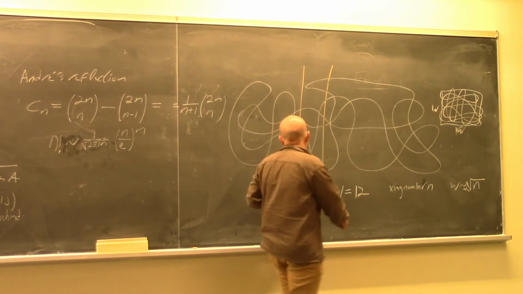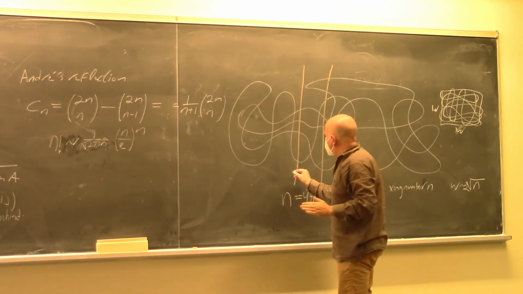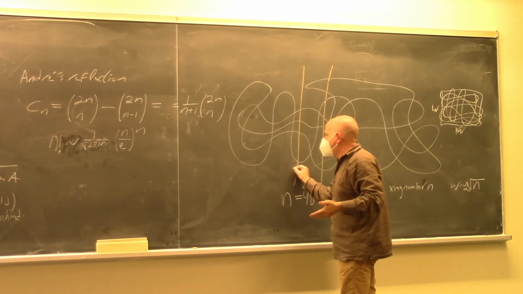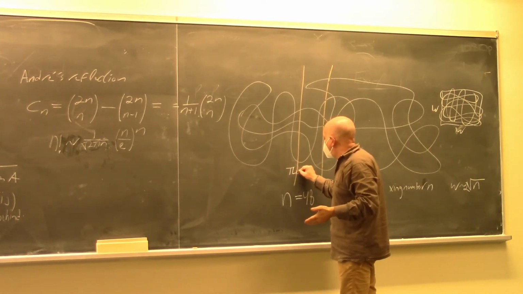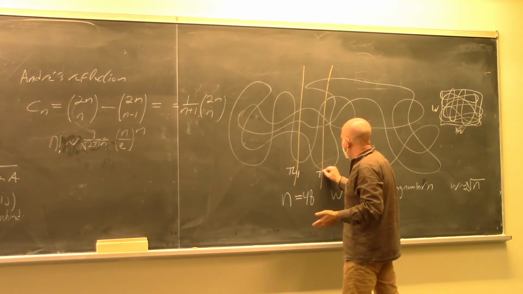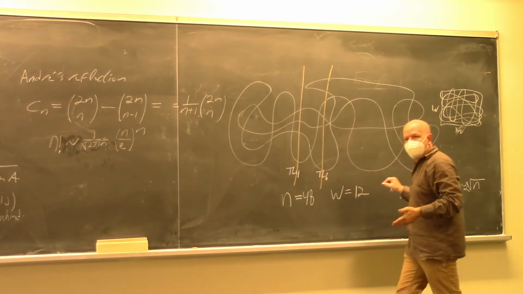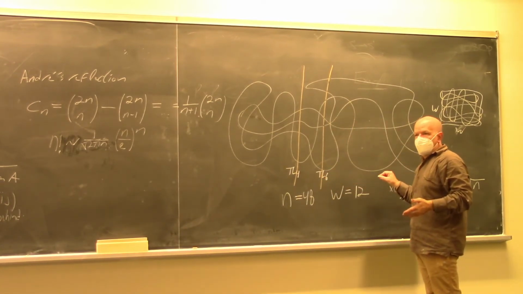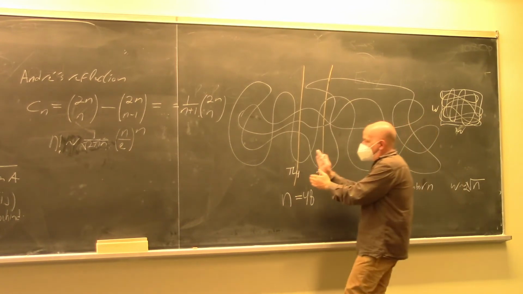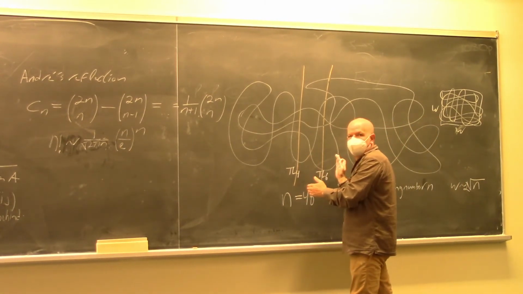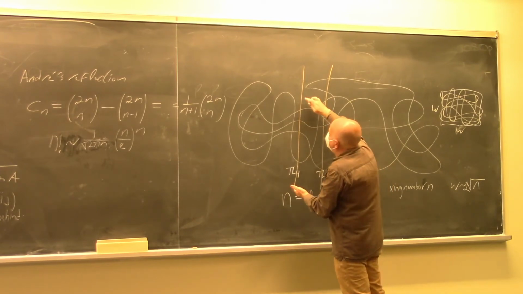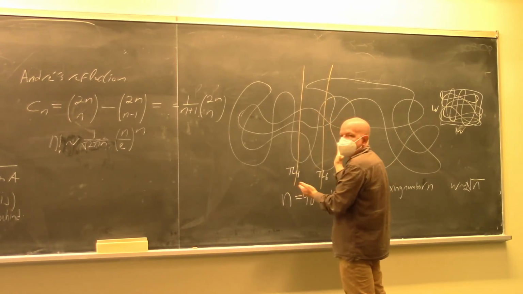So we got a linear combination of elements in TL4 here, in TL6 here, and so on. And then to go from one to the next, all you have to do is to add one crossing.